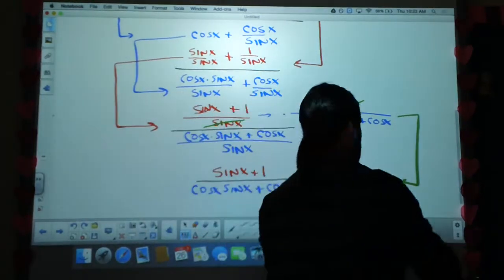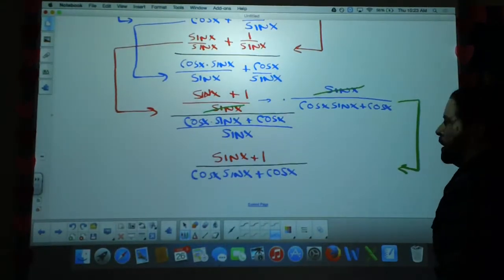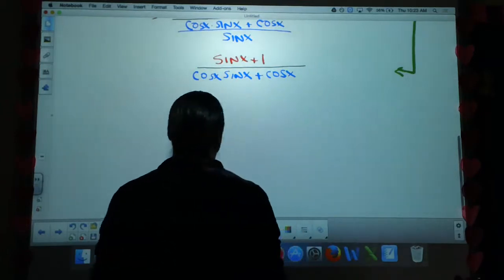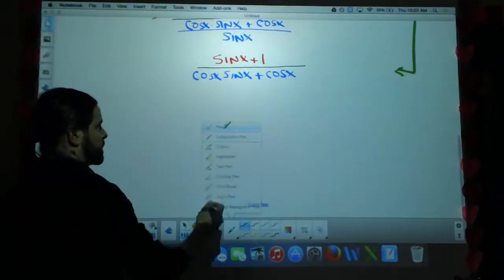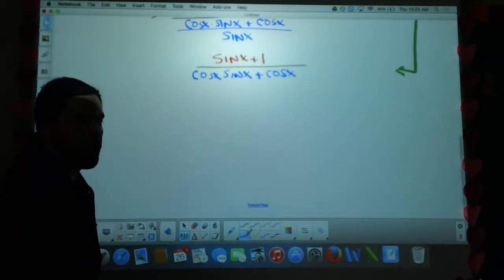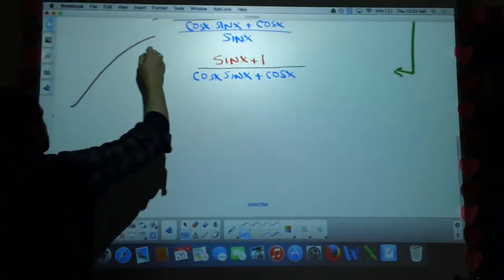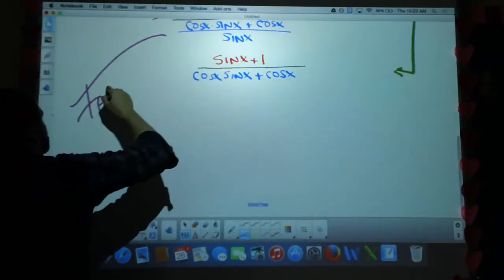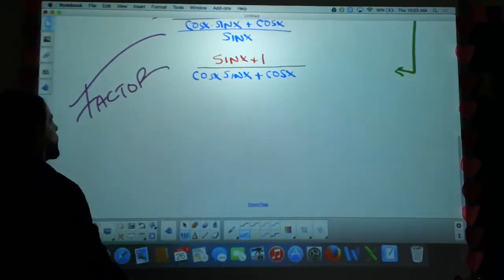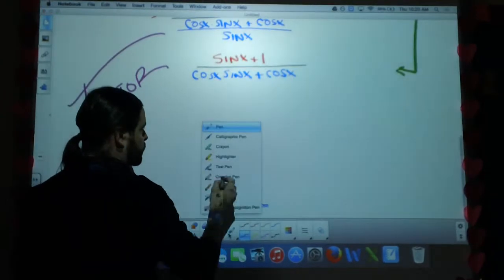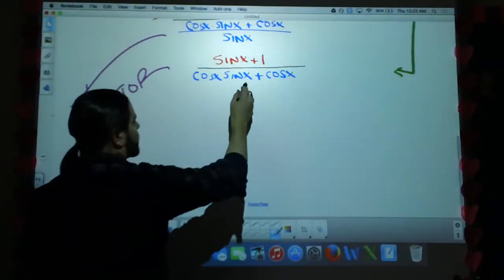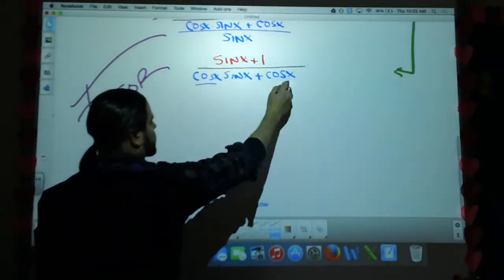Now, how to simplify this is not exactly intuitive, which is why I chose this example. But just remember that one of the tools in your tool bag is factoring. If I take the bottom of this and factor it, see how there's a cosine x and a cosine x?